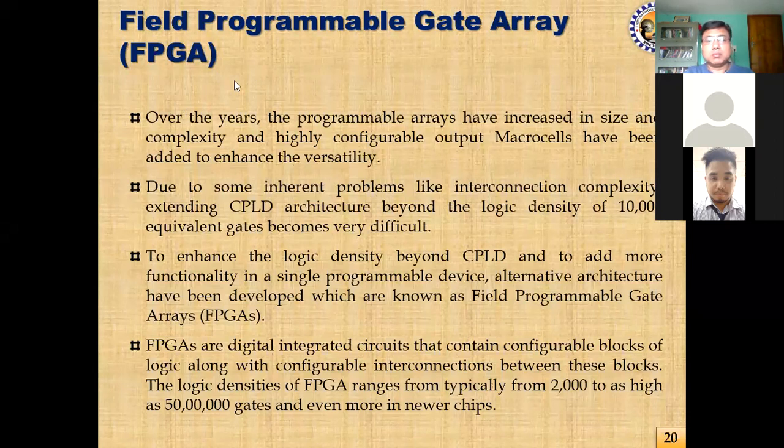This is the formal theory class where we will discuss FPGA. Now you see, CPLD was very good compared to PLDs because it can implement a large amount of logic functions inside it.